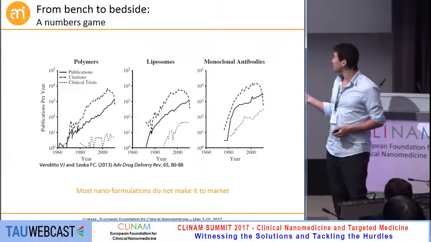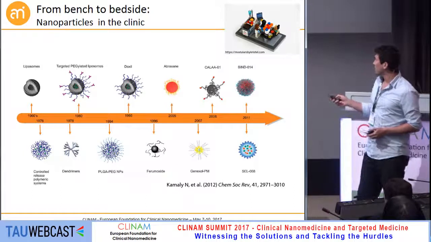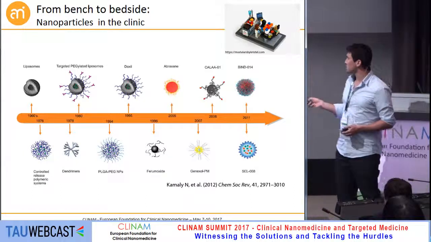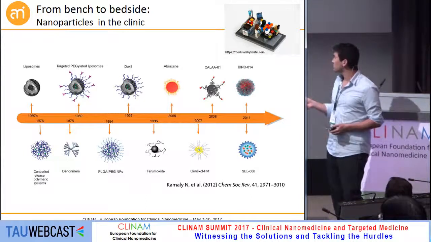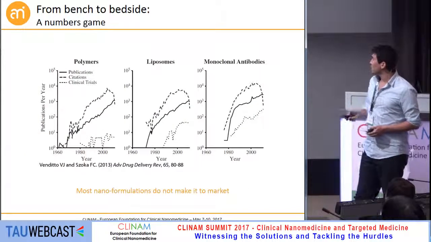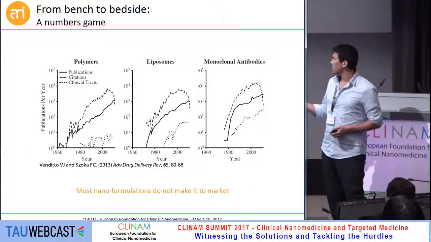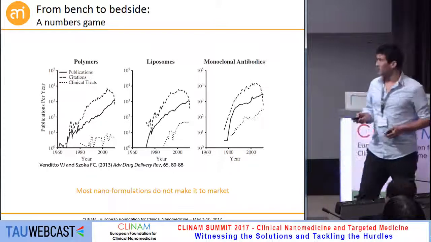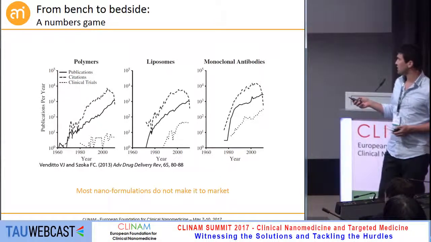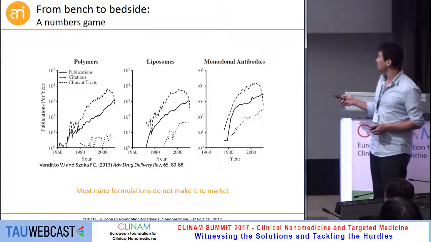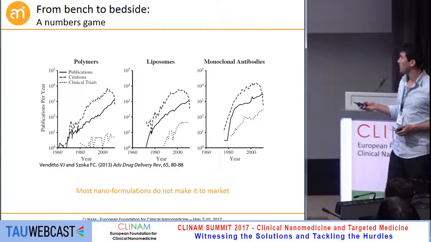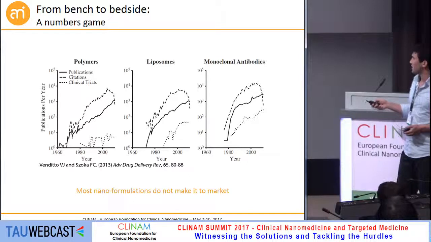We all know the story, how nanomedicine has been developed over the past 50 or 60 years. But there's an interesting paper that came out in 2013 where Venditto and Szoka looked at the number of publications for particles coming out, the number of times these papers are cited, versus how many clinical trials.